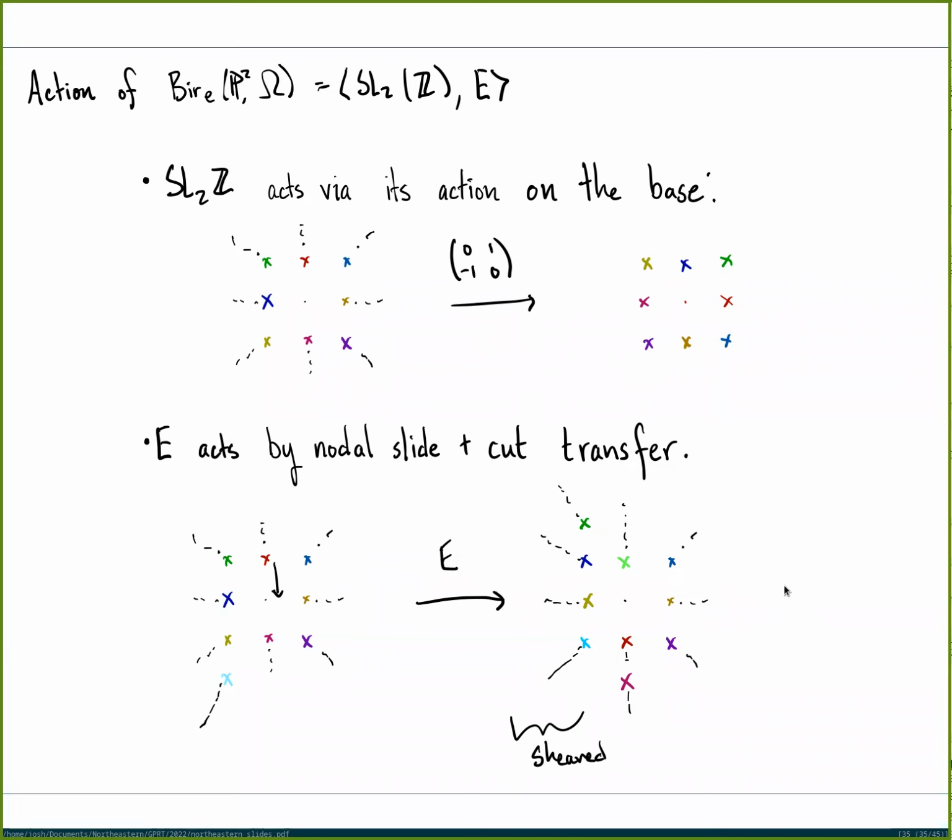So I'm pushing all of the singular fibers around by this shearing motion, and this is my symplectomorphism that is going to be near to my map E. And the reason I chose E as my generator is because this nodal slide and cut transfer move is one of the elementary transformations you can do on these integral affine bases.